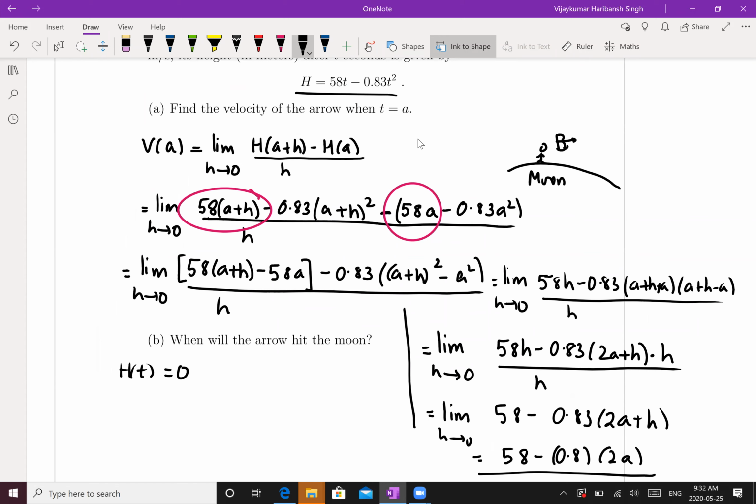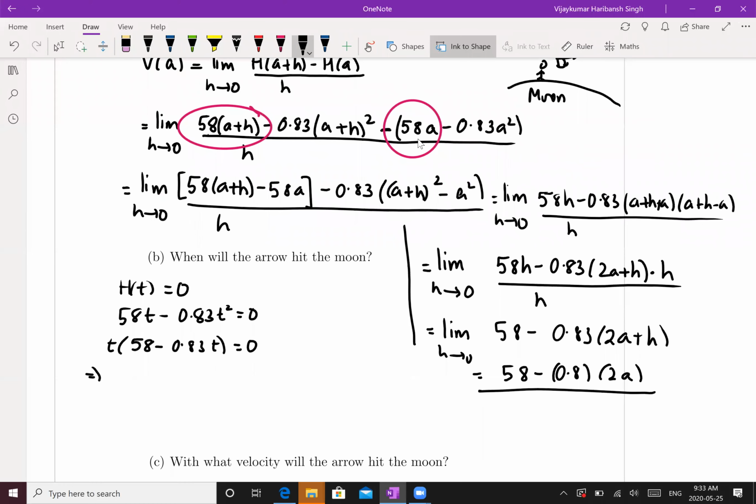So you try to simplify this now. h of t is 58t minus 0.083t squared equals 0. Take t common. You have t times (58 minus 0.83t) equals 0.